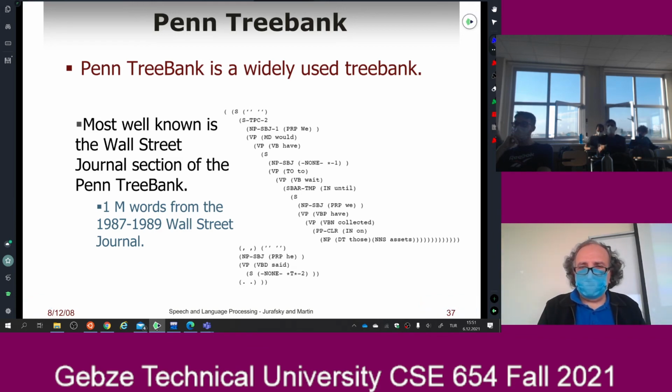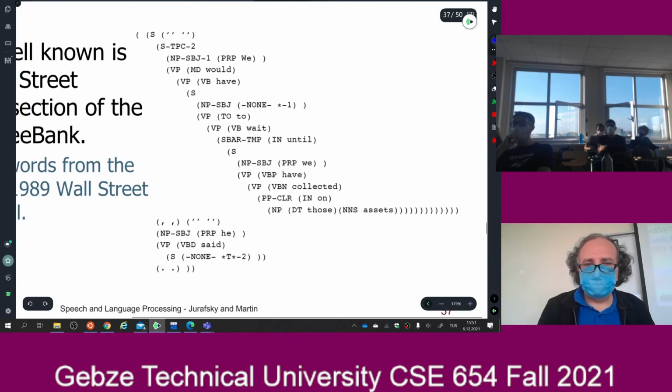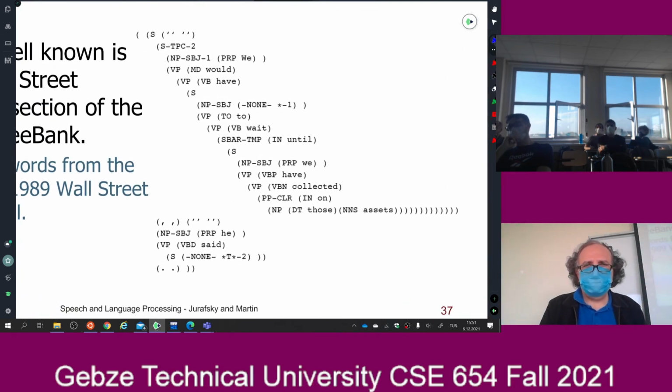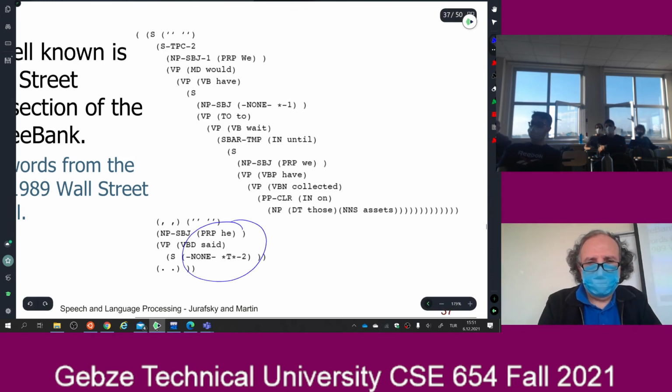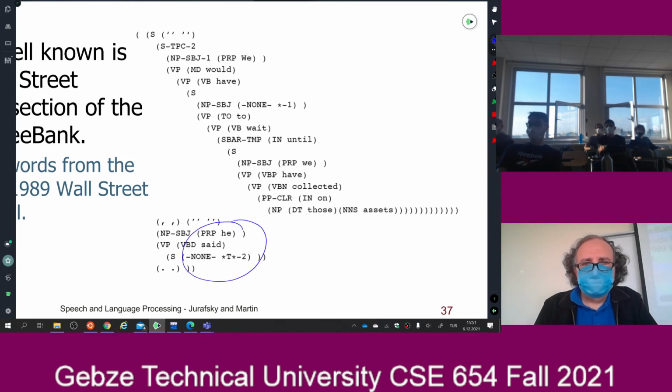Okay, so what is the sentence? Can you read the sentence? "We would have to wait until we have collected on those assets."